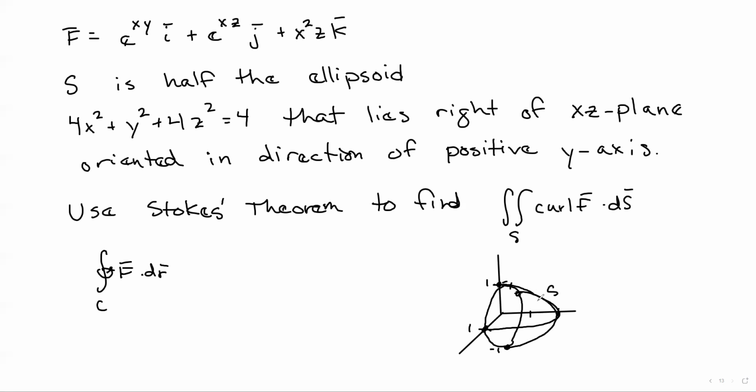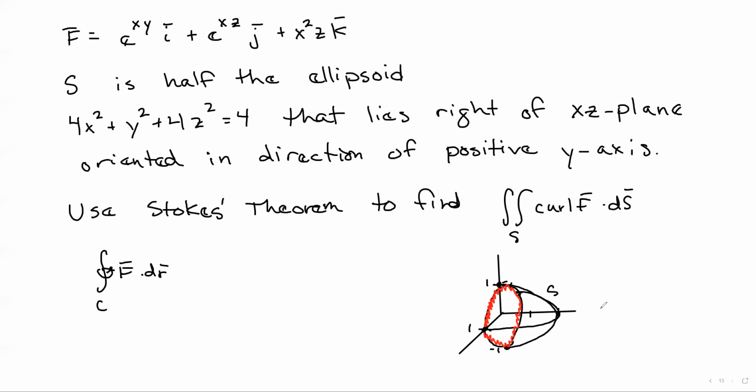If you look at the picture, the curve that borders that surface is going to be the circle. So that's what we want to integrate across when we do the problem. We need to make sure that it is oriented properly.